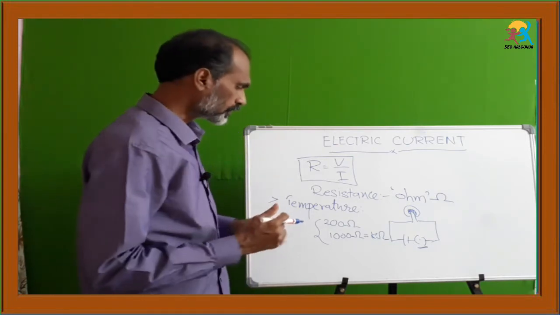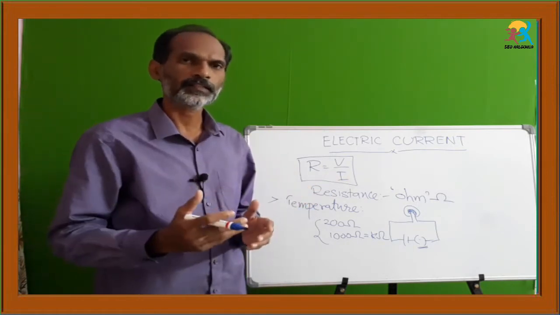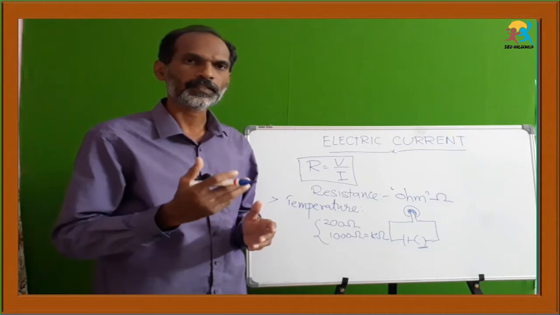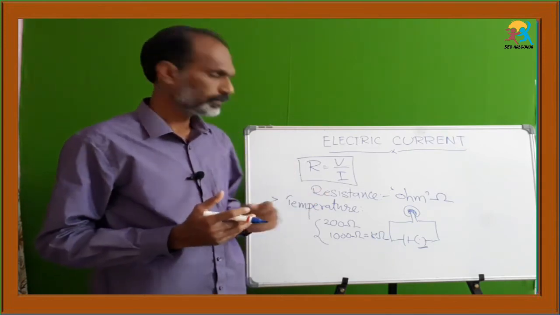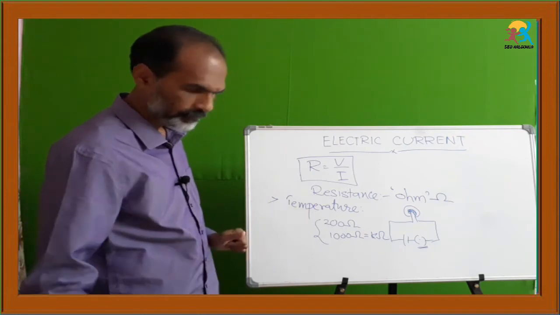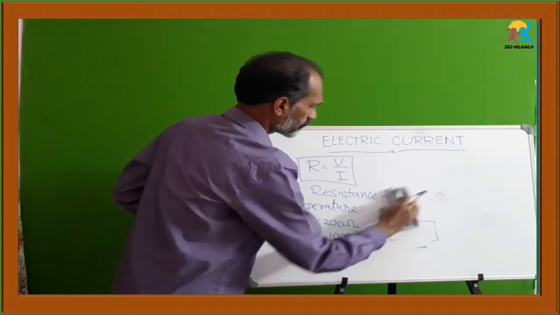It means temperature is directly proportional to resistance. If we increase the temperature of the substance, the resistance increases. This is the first factor which can influence the resistance of a substance.